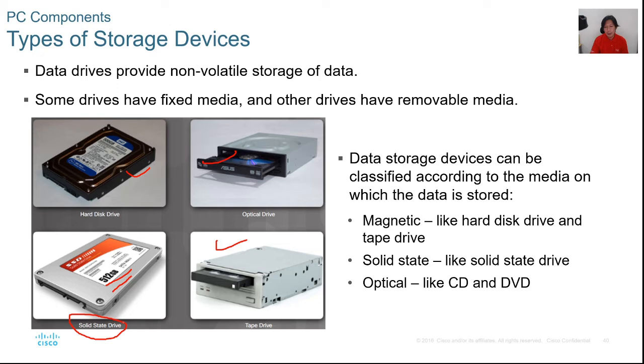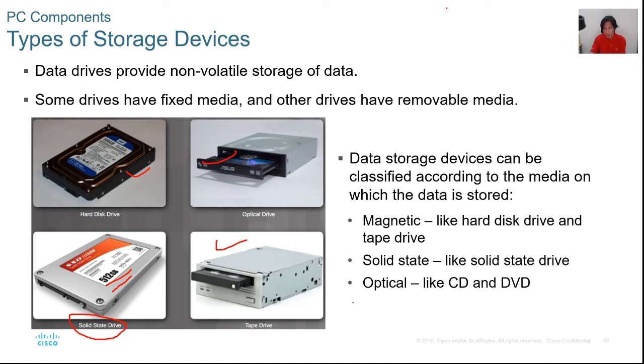So that's what they call solid state drives. In comparison, solid state drives are much faster than the storage devices known as hard disk drives. Okay, so we'll have that explanation now.